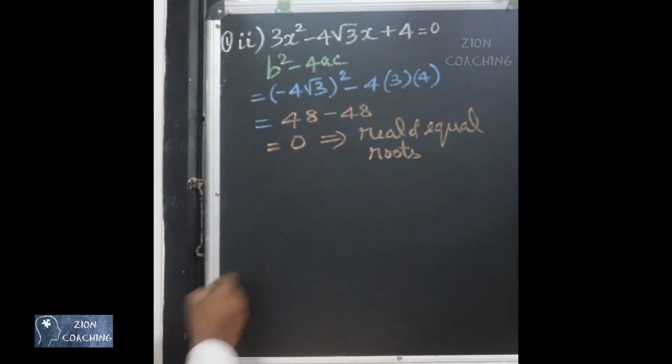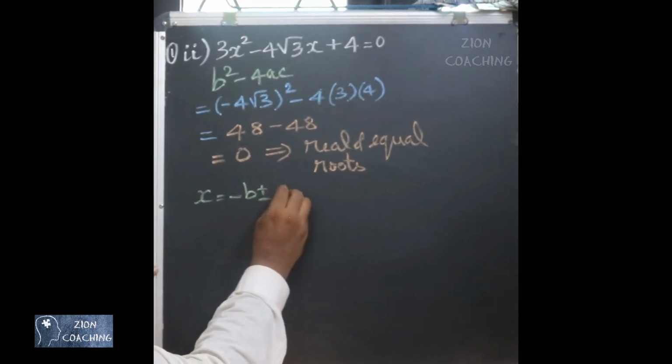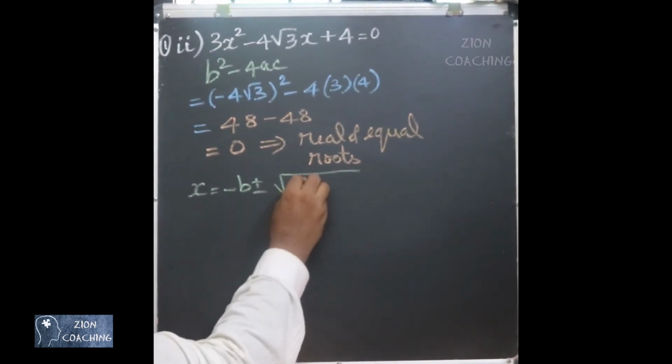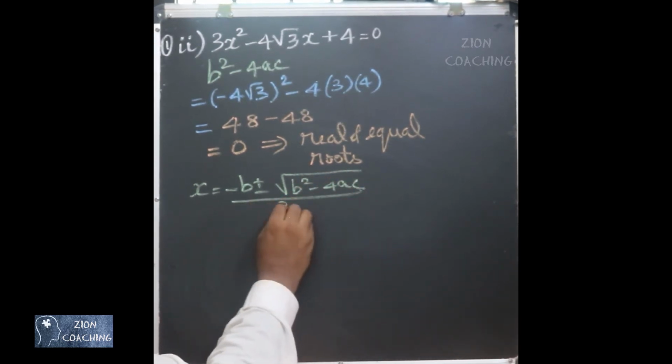We have the quadratic formula x is equal to minus b plus or minus root of b squared minus 4ac by 2a.